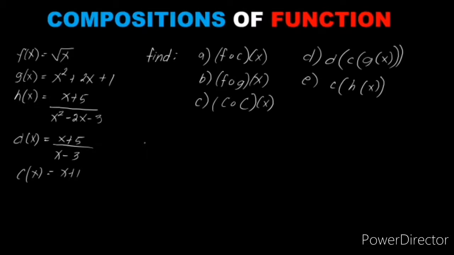Okay, so given that f of x is equal to square root of x, g of x is equal to x squared plus 2x plus 1, h of x is equal to x plus 5 all over x squared minus 2x minus 3, d of x is equal to x plus 5 all over x minus 3, and c of x is equal to x plus 1, let us find: f composition of c of x, f composition of g of x, c composition of c of x, d of c of g of x, c of h of x.